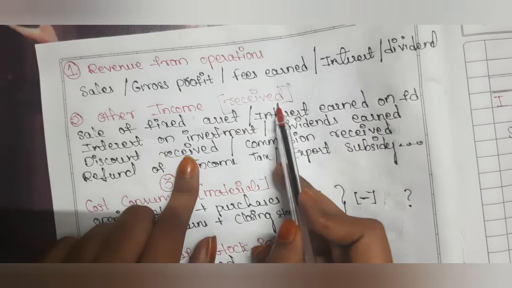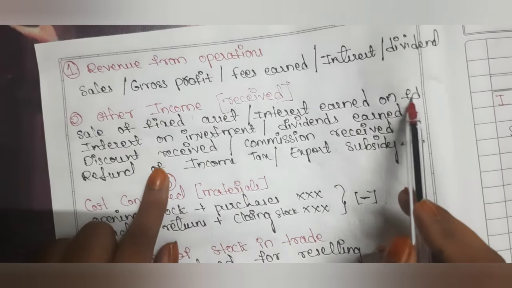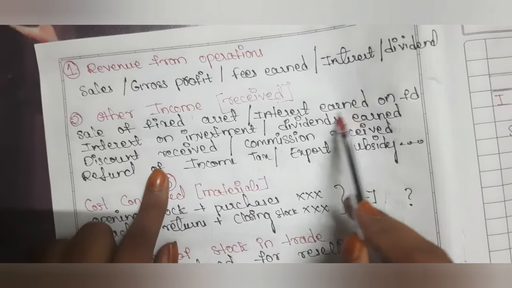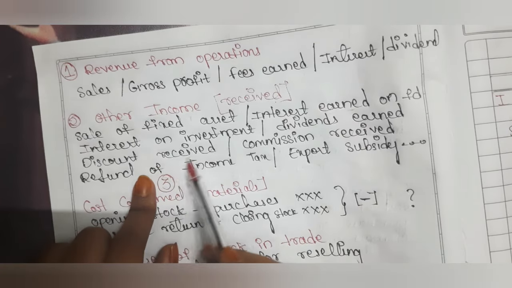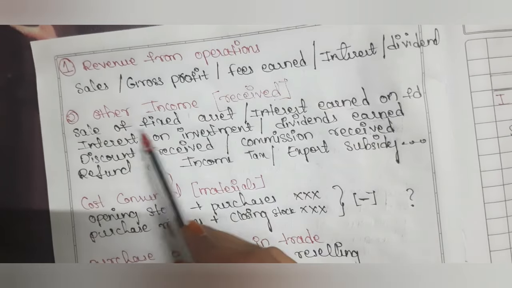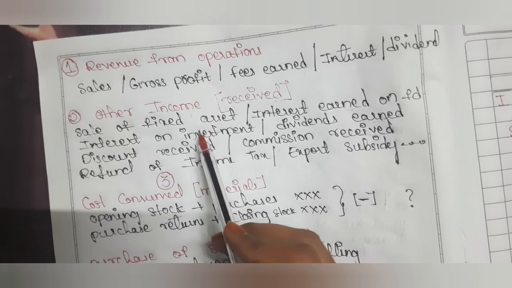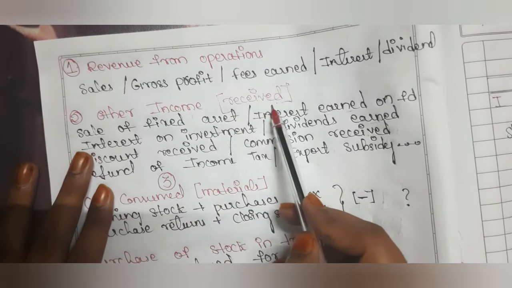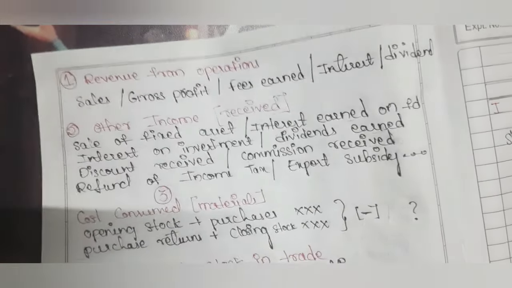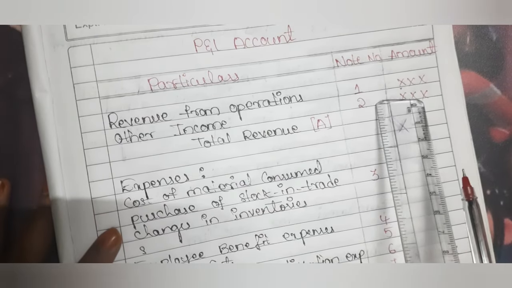If you find received, then that is nothing but other income. You can see here, interest earned is nothing but received only, discount received, dividends earned, commission received, and sale of fixed asset. When we do a sale, we will definitely be getting the amount, right? So that will also be coming under received. Getting my point? Other income is nothing but received. If you are finding any received, you need to take it in the other income.